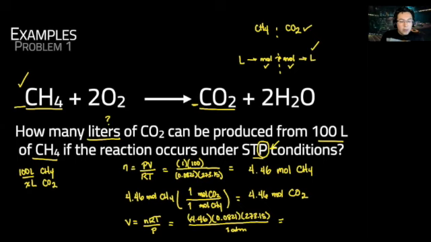So now you put these numbers in your calculator, 4.46 multiplied by 0.0821 multiplied by 273.15, all divided by 1, and it will give you 100.01, so we can say around 100 liters. This would be your final volume for carbon dioxide, and this is your final answer.